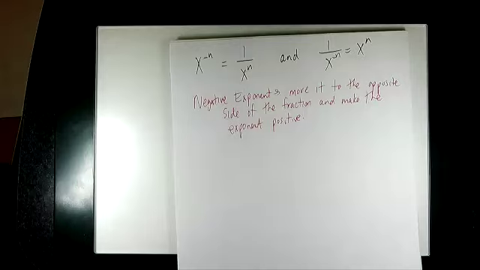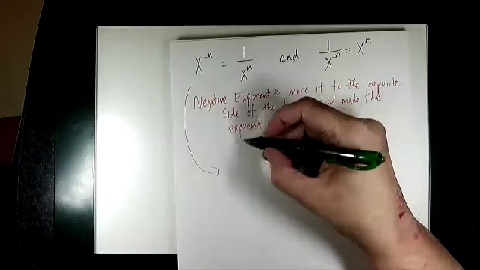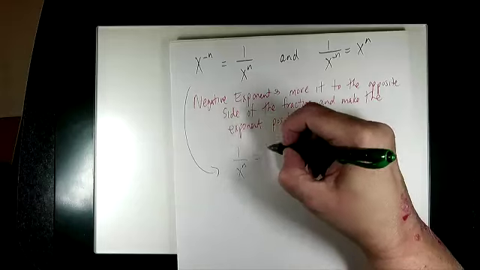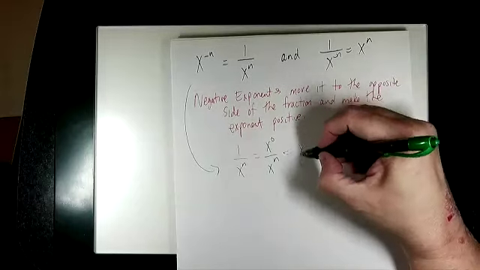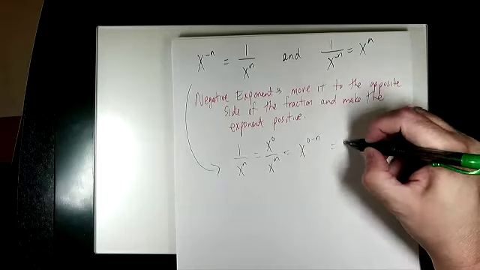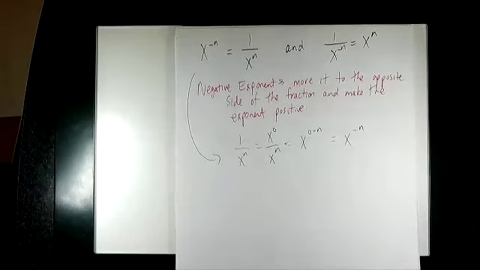If you want to see a little bit of where this stems from, I can rewrite 1 over x to the n as x to the 0 over x to the n. And then we can apply that subtraction rule. Fancy. Wasn't that fancy? That was fancy.